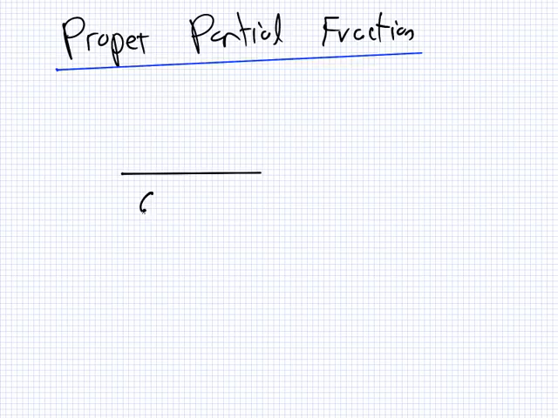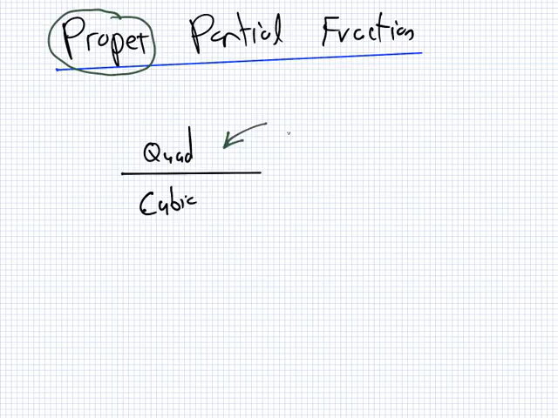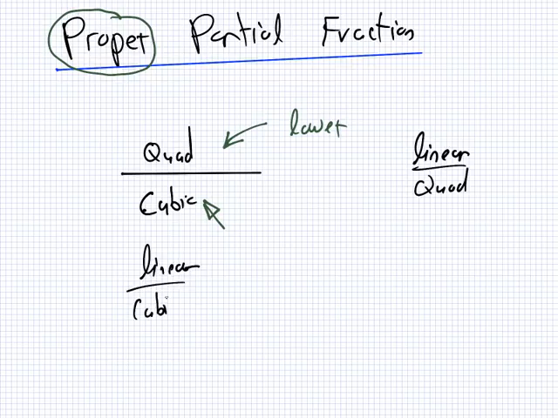For example, maybe you have a cubic on the bottom and a quadratic on the top. What's really important for this lesson is that they're proper. That means the power on the top is lower than the power on the bottom. So you could have a linear over a quadratic, a linear over a cubic, or a quadratic over a cubic. But what we can't have is a quadratic over a linear.